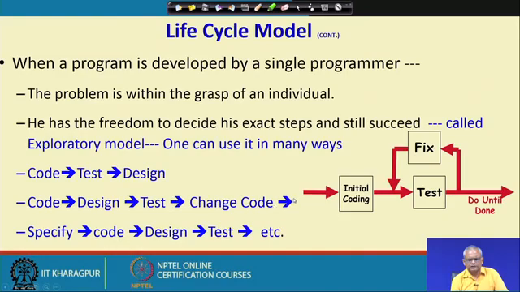So, the developers had flexibility in using whatever style suited them, but when there is team development, this kind of informal style of development would create real problems and the project will fail.